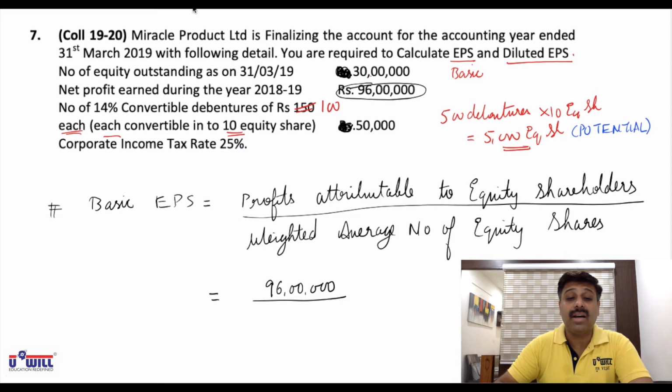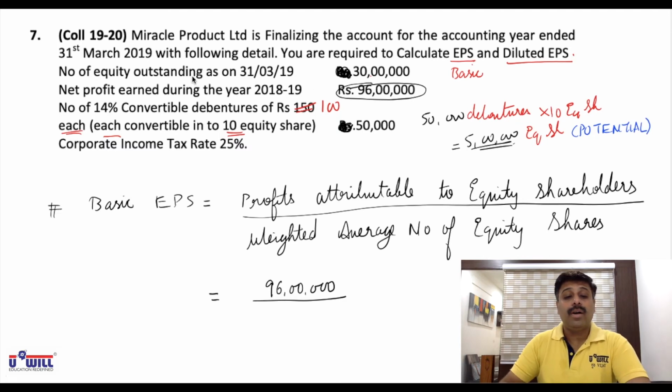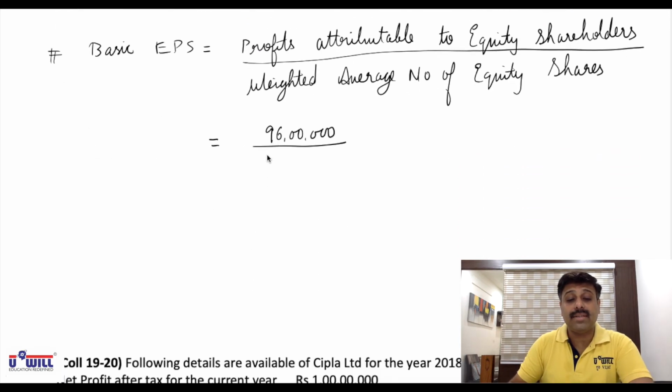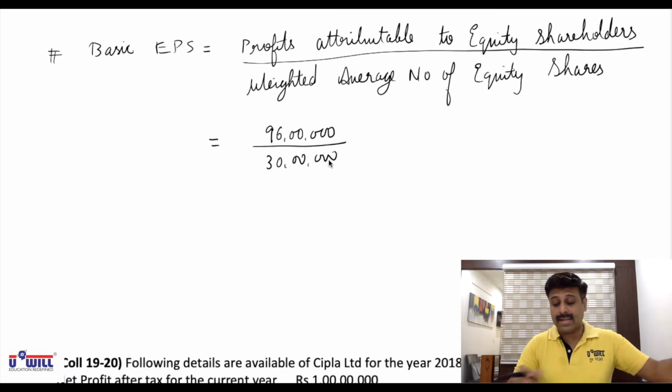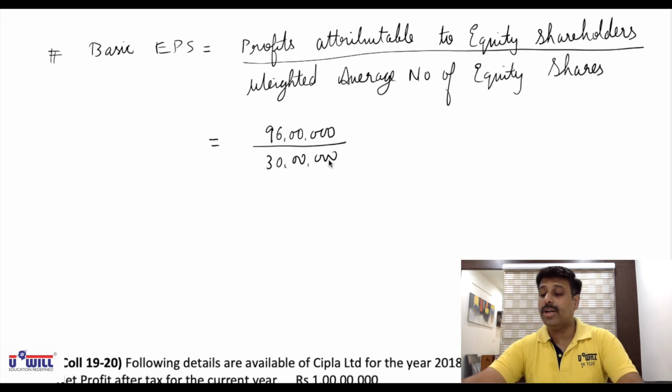So there are 50,000 debentures which will get converted into 10 equity shares, means it will result into 5 lakh equity shares. Okay, make this correction. Now, number of equity shares are directly given as 30 lakhs. So 96 lakhs divided by 30 lakhs, that is equal to 3.2 rupees.